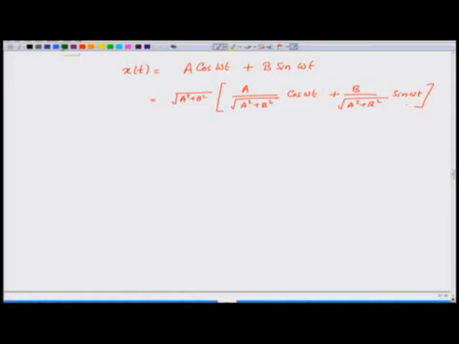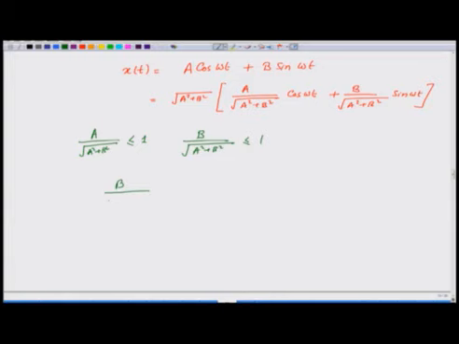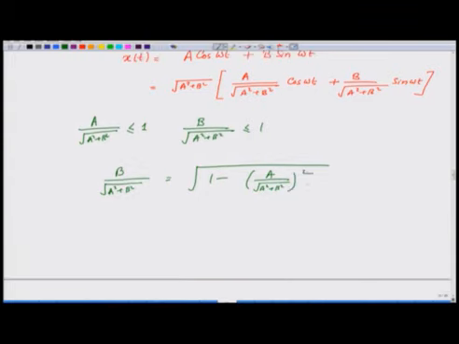Now, notice that a over square root of a square plus b square is always less than or equal to 1, and so is b over square root of a square plus b square. Furthermore, b over square root of a square plus b square is equal to the square root of 1 minus the square of a over square root of a square plus b square. That you can check very easily.